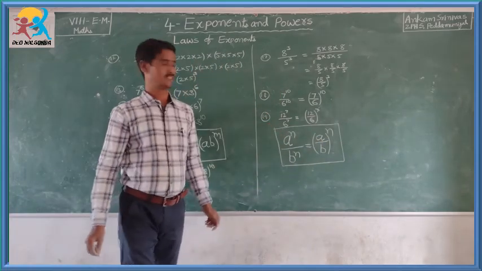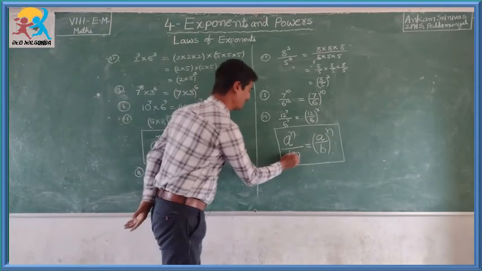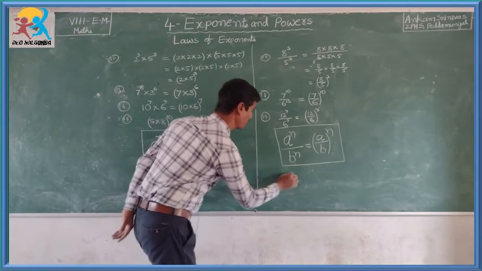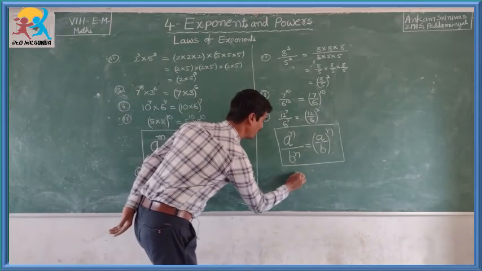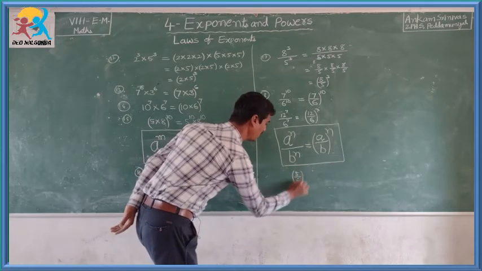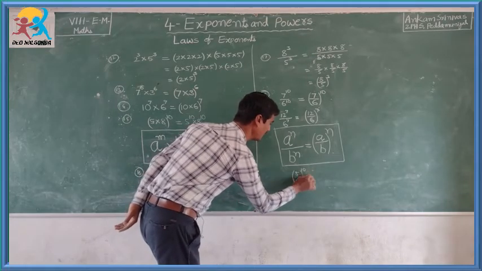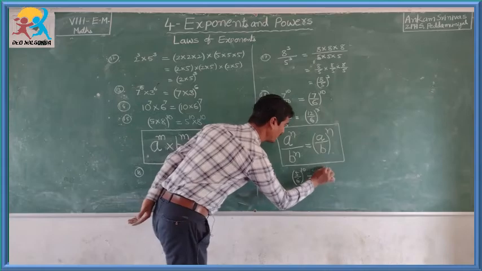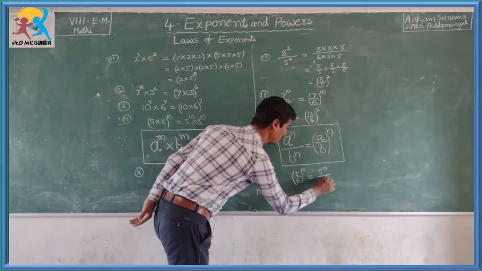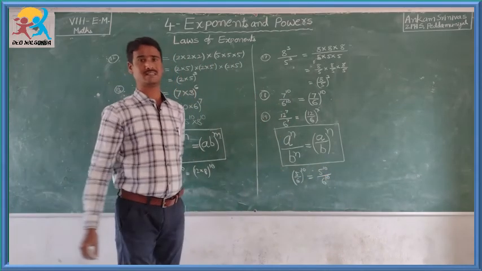Yes or no, children? So here 5 by 6 whole power 10 can be written as 5 power 10 by 6 power 10 separately.